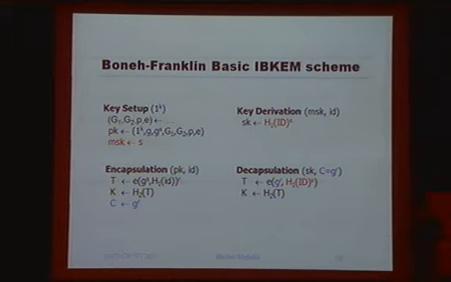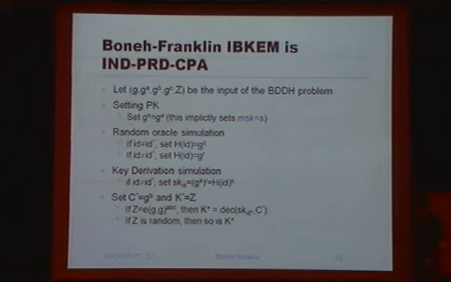But the thing is that you can prove this scheme satisfies the pseudo-random property, and the proof follows exactly the proof of IND-CPA of the Boneh-Franklin IBE. Here is just a way of showing that. Choose one of the values here to be the public key.